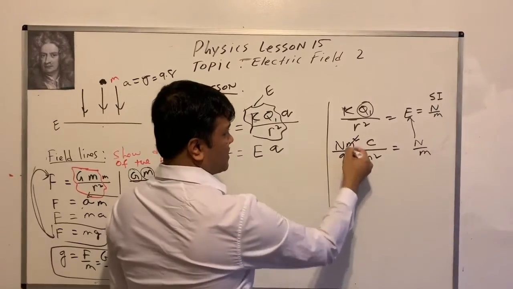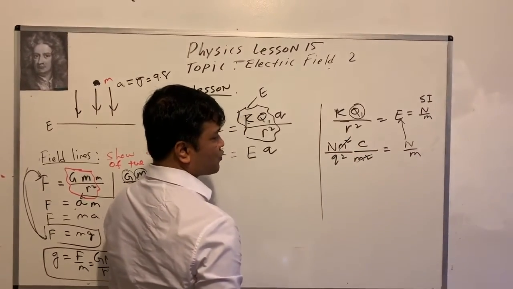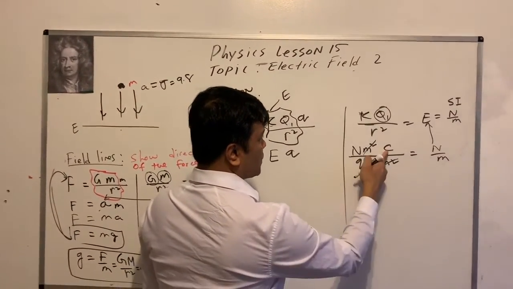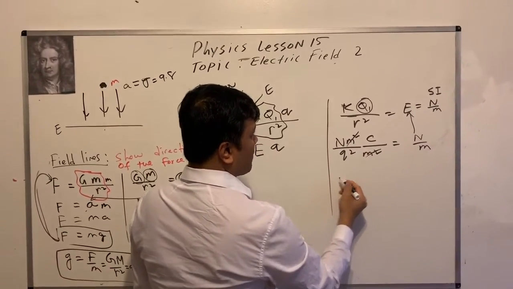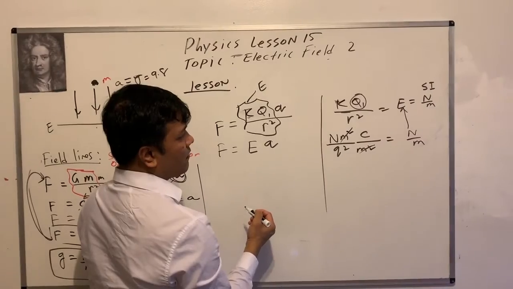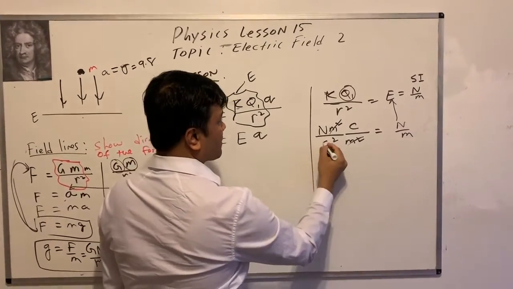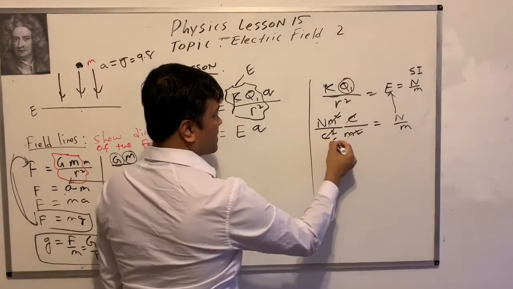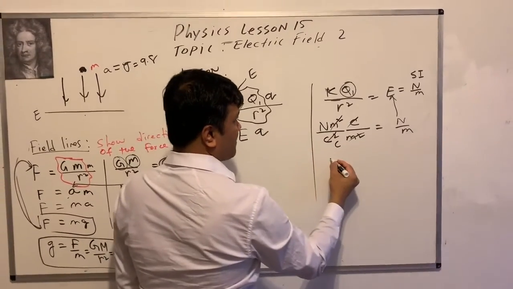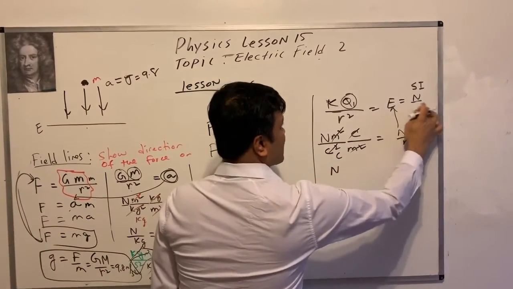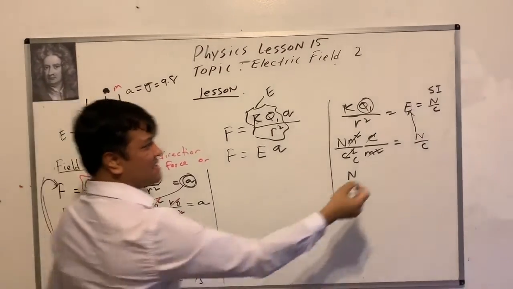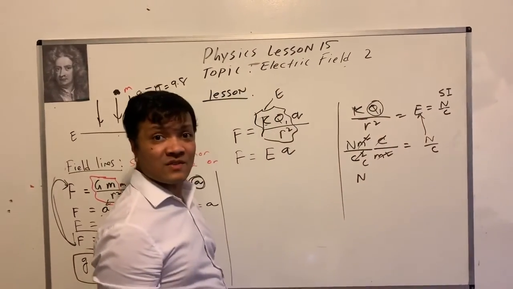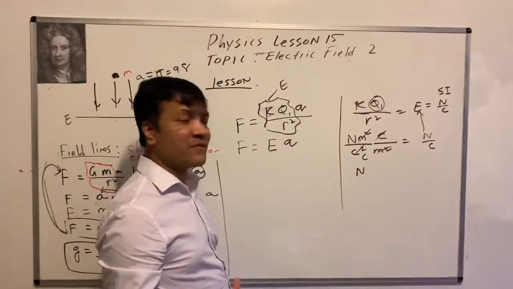Alright, so meter squared cancels. We have Newton Coulomb over Coulomb squared. So C goes to C once, so N over C. C is for charge, the Coulomb, the SI unit for charge.